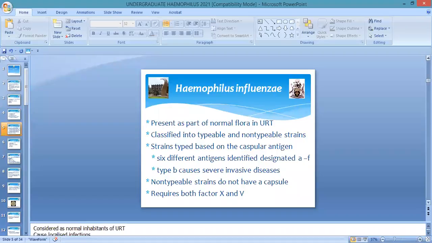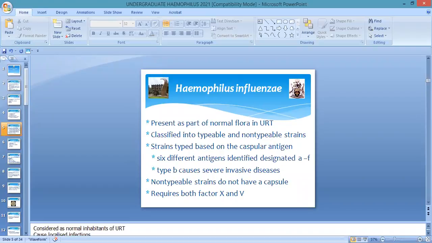So let's start by discussing Haemophilus influenzae. Like I said, the majority of the species within the genus Haemophilus are found as normal flora within the upper respiratory tract. Haemophilus influenzae are usually classified into two major groups, that's the typable and the non-typable strains. The typable strains are capsulated, so they have a capsular antigen.